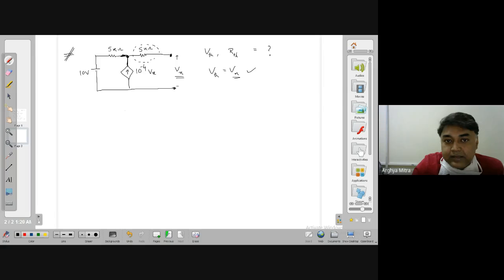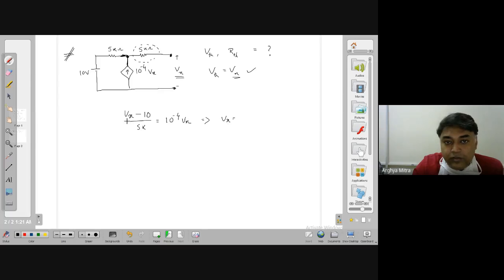Vx through this branch, if it is going away, then (Vx minus 10) divided by 5k is the current which is flowing away from the node, and the current which is entering must be equal to this which is leaving, because there are only two branches. So it is nothing but 10 to the power minus 4 Vx. So you can solve for Vx.